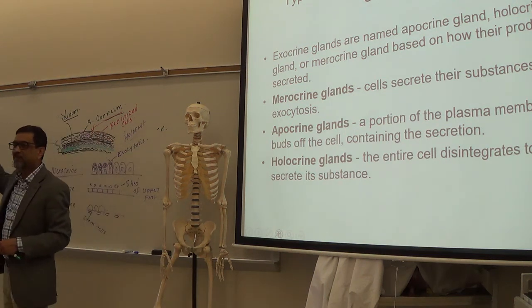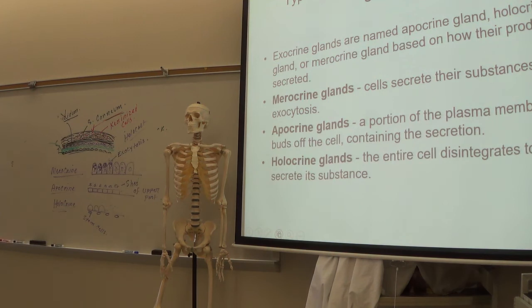I believe all of you have heard, like killing. So these cells are dying, many of these cells are being destroyed to secrete. So, holocrine secretion. Those are three types of secretion.